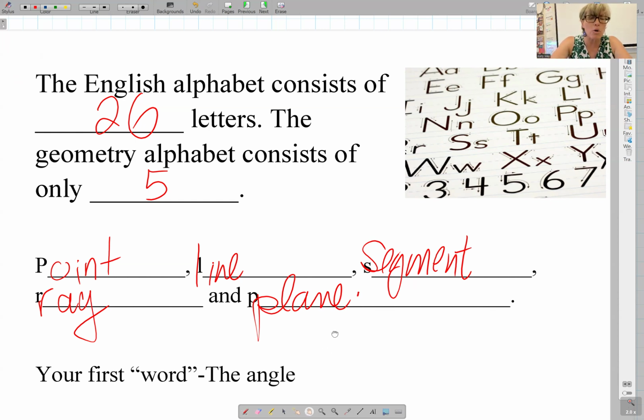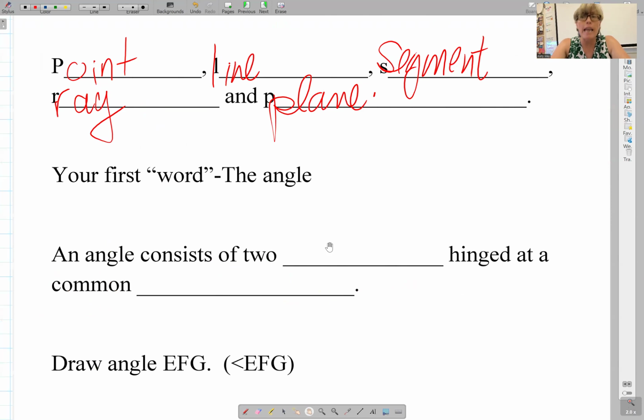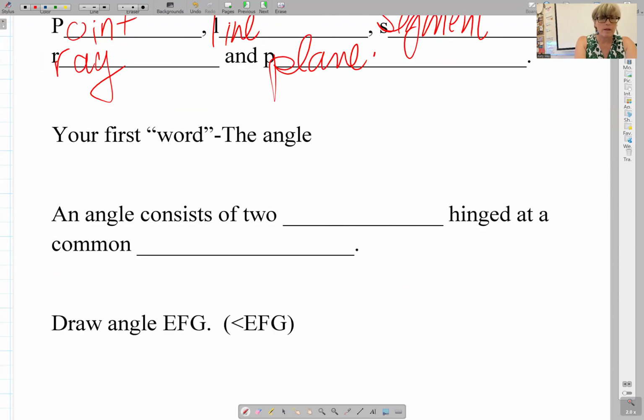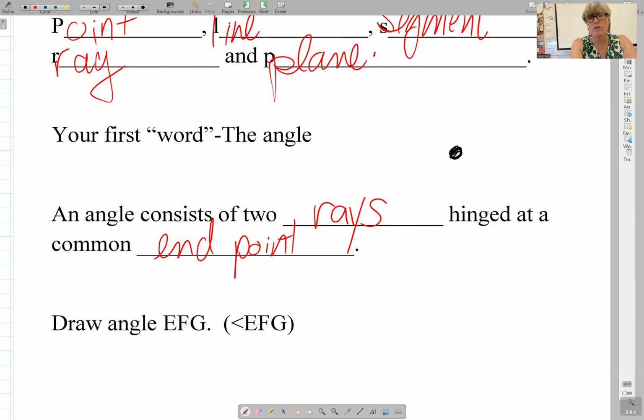Your first geometric word is going to be an angle. An angle consists of 2 rays hinged at a common end point. So 2 rays, so they have an end point, and they share the same endpoint. Behold, you now have what we call an angle. That is a geometric word.